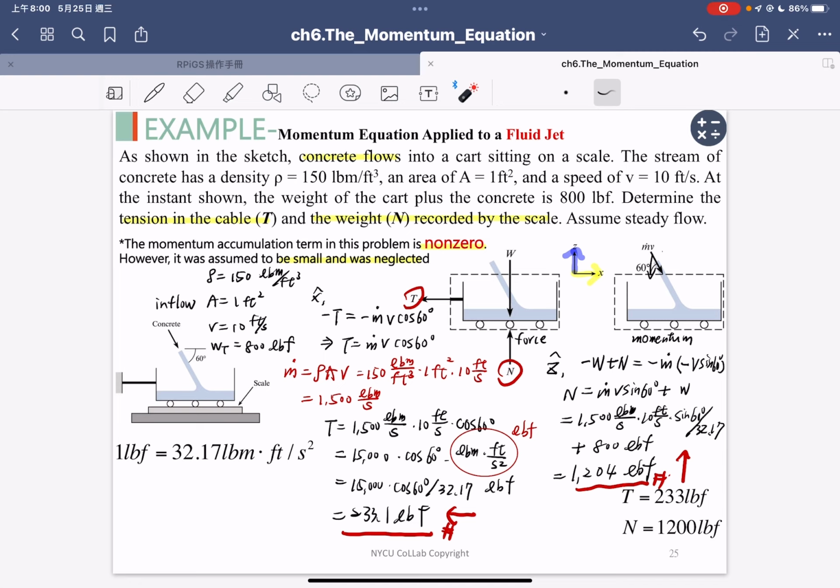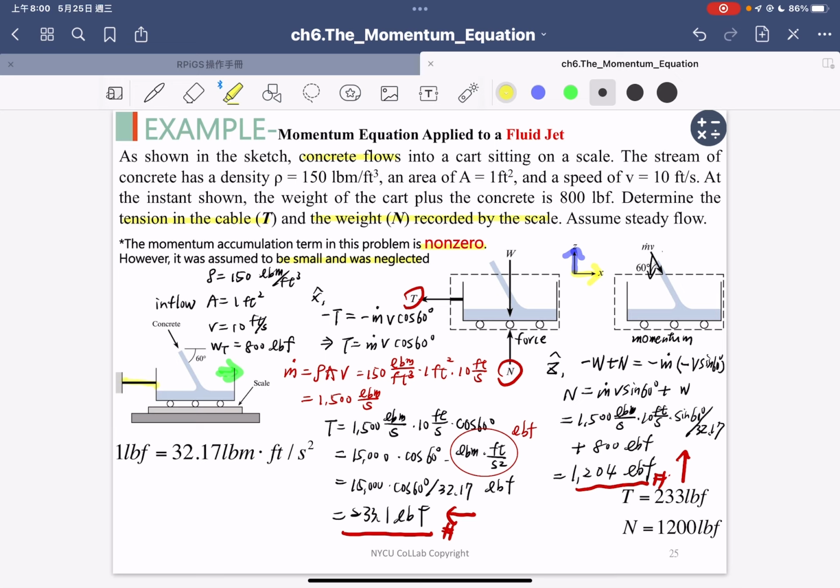So this is the second exercise. We applied the momentum equation to the fluid jet, and in that case, we only have the inflow contributed by the concrete flow. But because the concrete flow has this direction, the car would move to the right, so we need to use the line to hold the car.